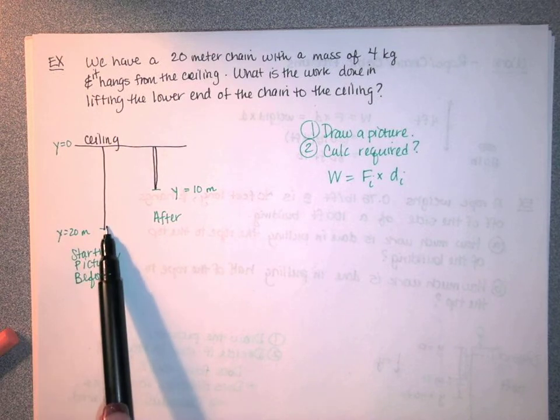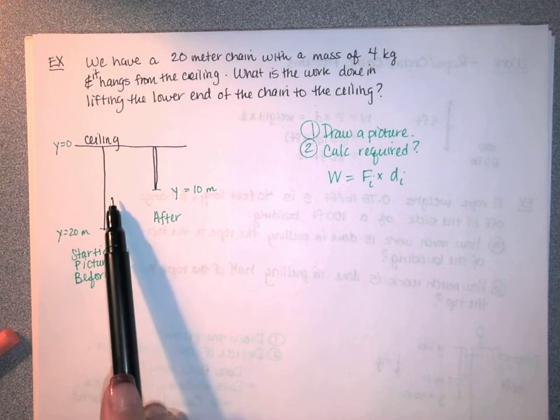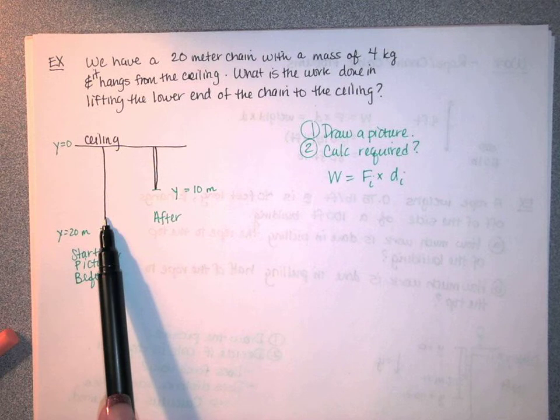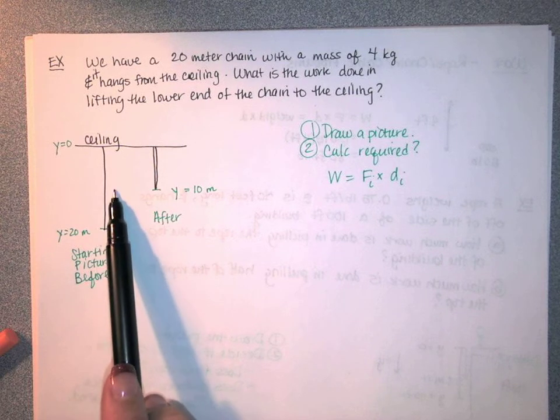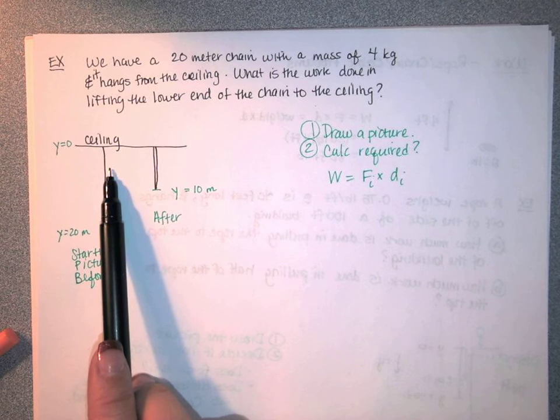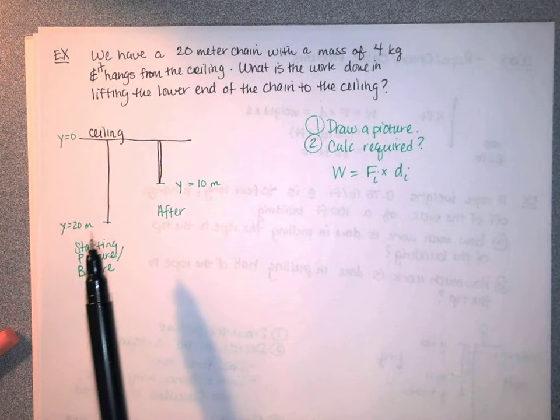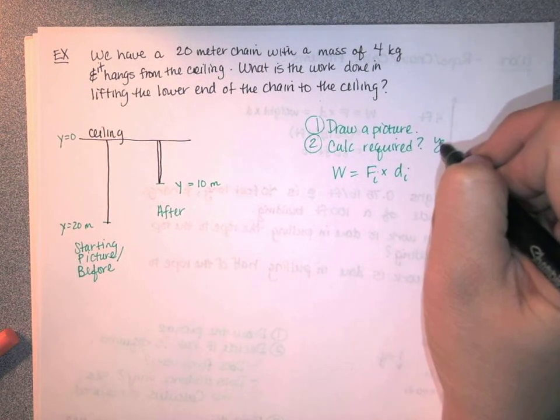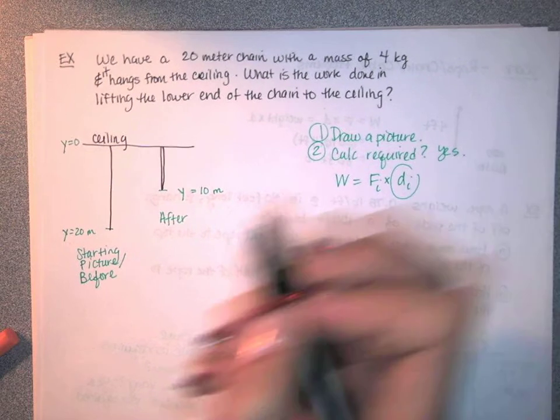Does this one at y equals 20 move the same distance as one at y equals 15? What about the one at y equals 10? What about the one at y equals 5? Does that even move at all? I think we can safely say that calculus is required, because the distance changes from piece to piece.